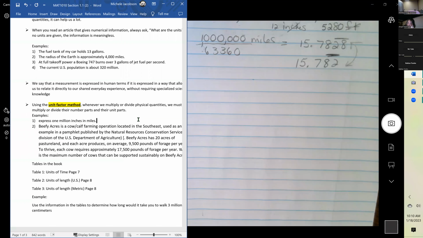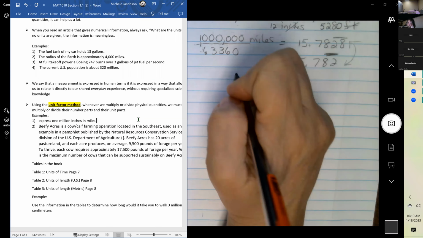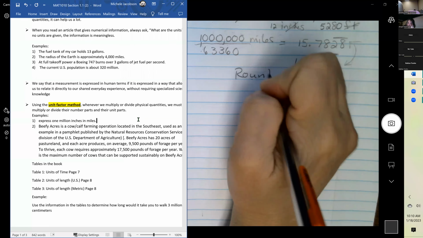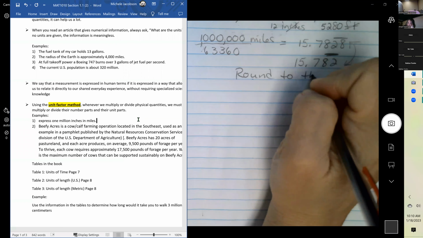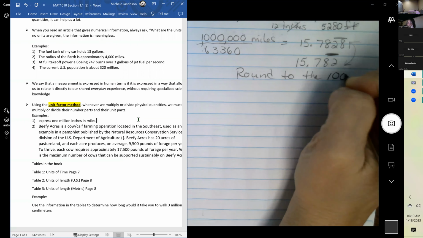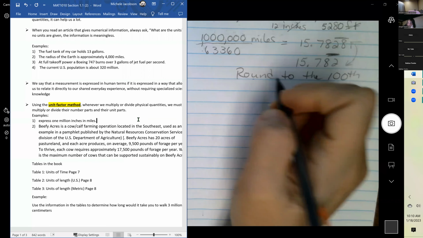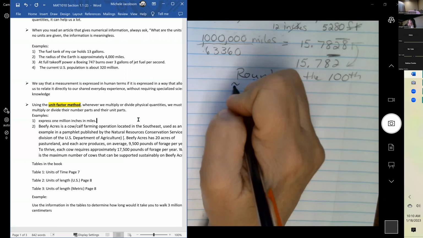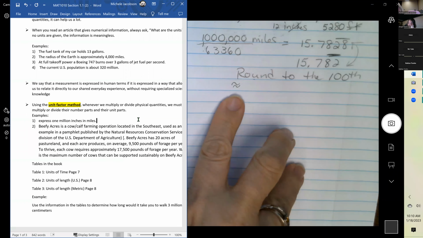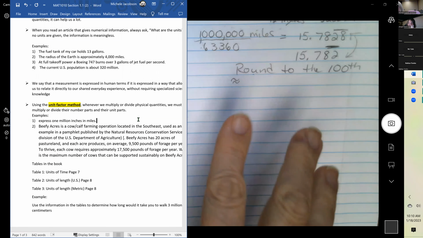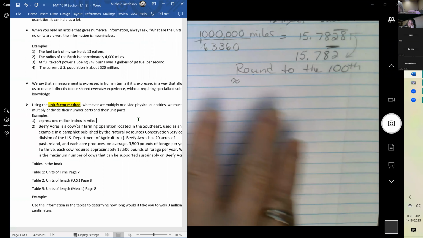If we wanted to round to the 100th position, when you're rounding, you want to use this symbol, so now we know it's not the exact value, it was an estimate.